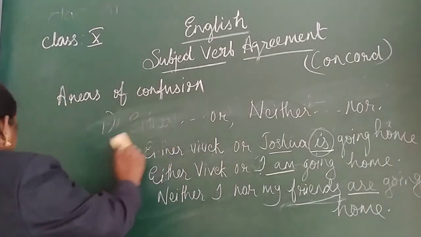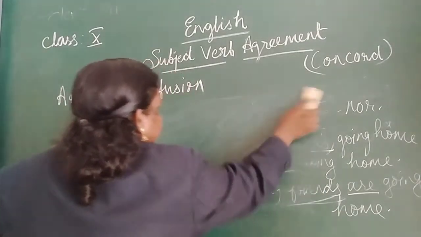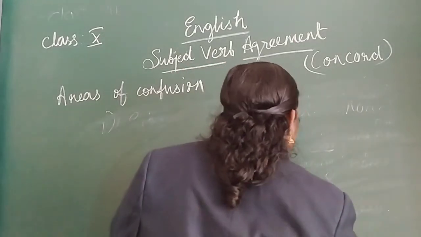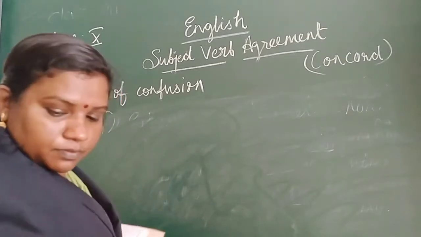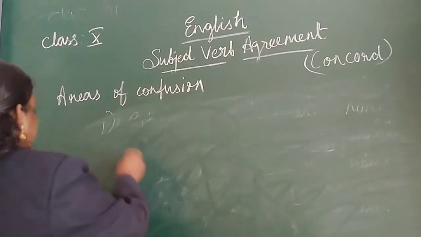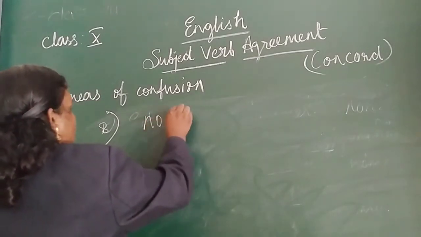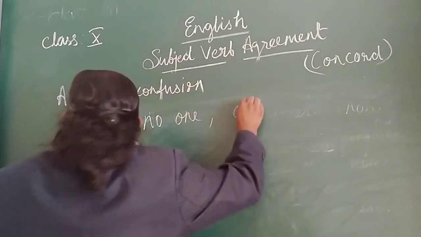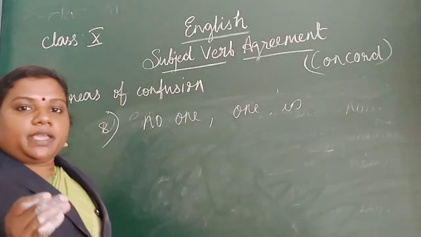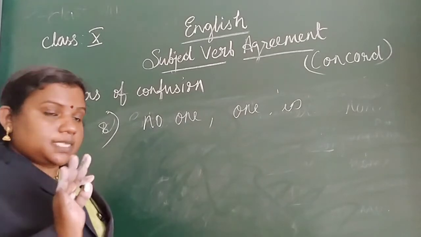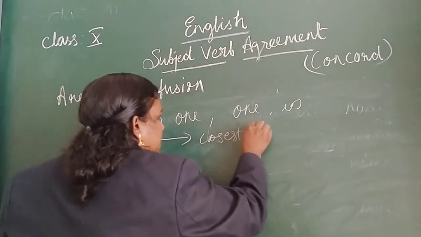What is the 8th point? The 8th point is: in a sentence beginning with no one or one in, here also the verb will be according to the closest subject.